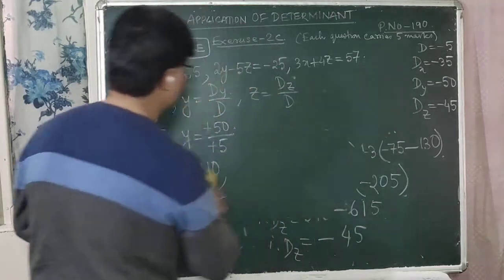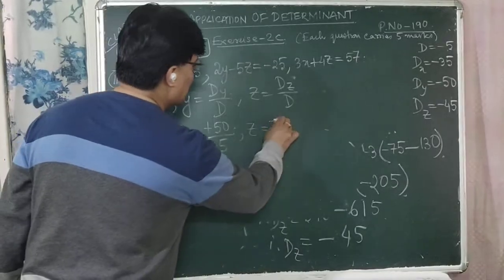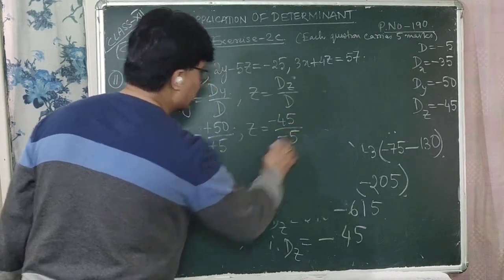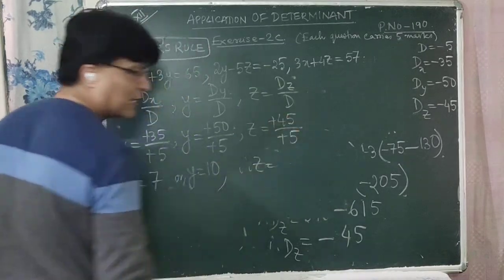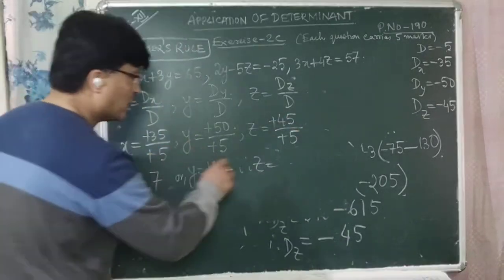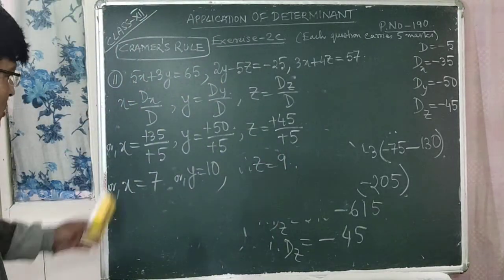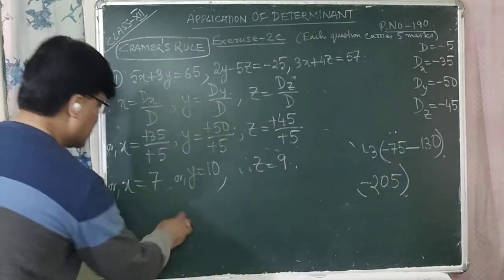So next one, what is z equal to now? Z is equal to, what is dz? Minus 45 divided by minus 5, right? So what is the value of z? Minus minus gets cancelled. 45 divided by 5, that is 9. 9 5s are 45. Okay, so these are the answers. Write down the answer here.